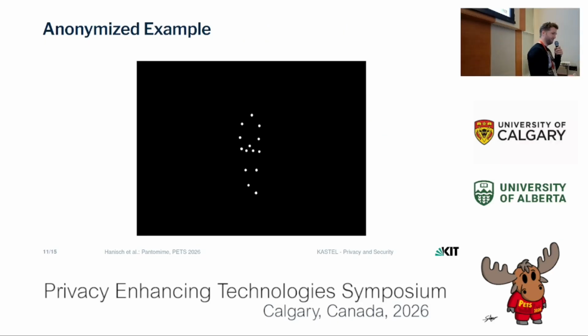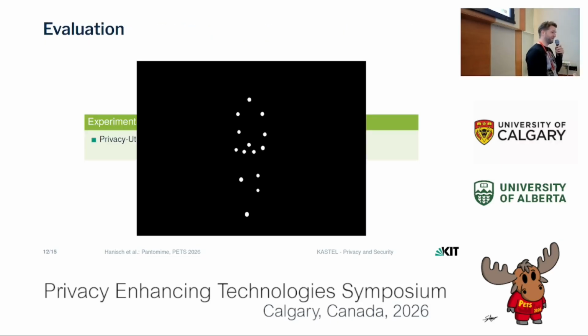This is now an anonymized example by us, which again looks like a human walking, and now has the same level of privacy that we saw with the naive approach in the beginning.